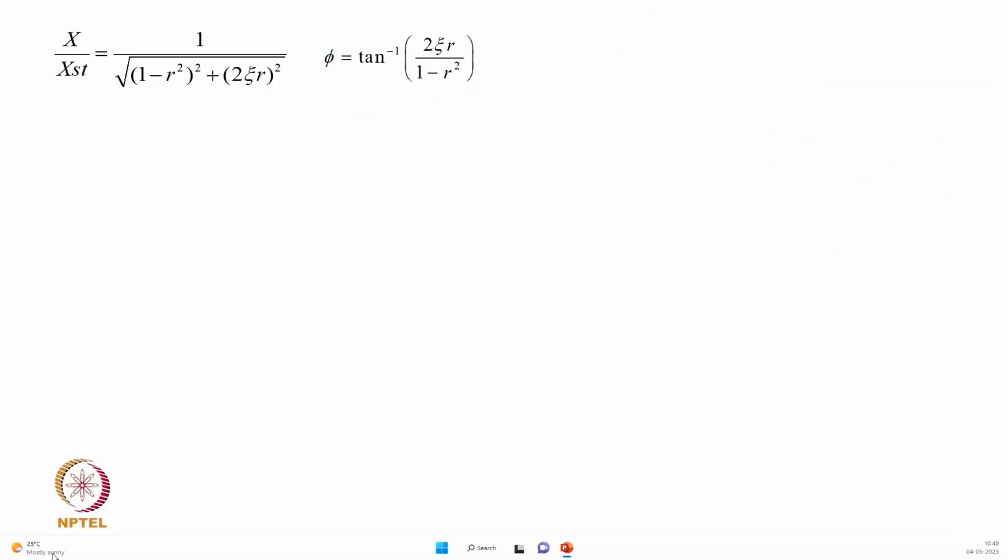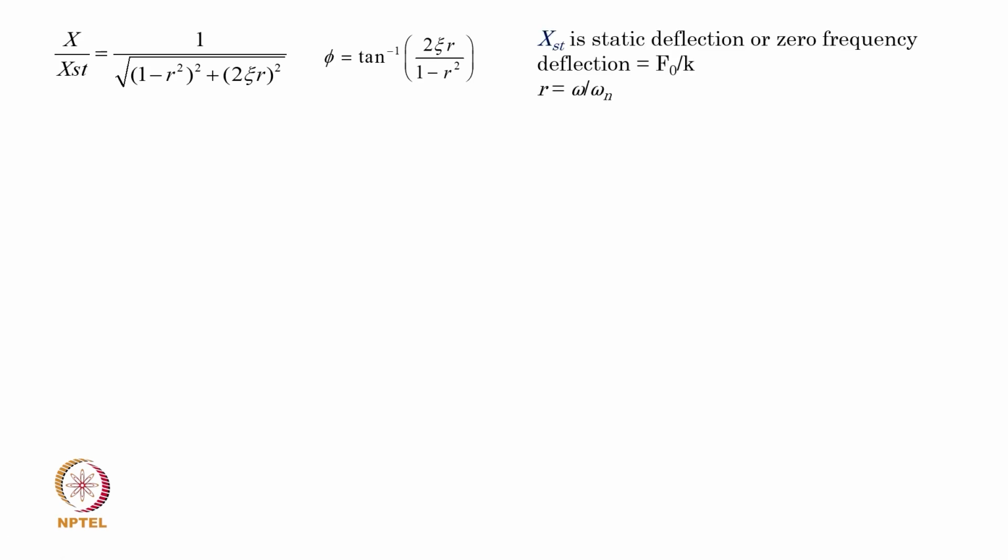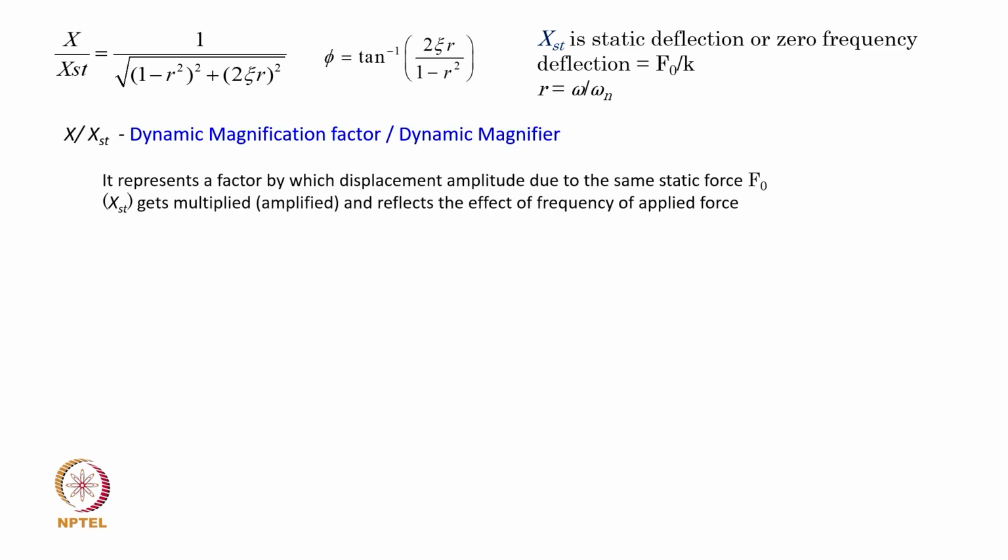Having obtained this ratio x over xst, that is the normalized response amplitude of the system capital X. The xst is the static deflection or zero frequency deflection, which, as we discussed, is f naught over k, and small r is the forcing frequency ratio, the ratio of the forcing frequency omega and the natural frequency of the vibratory system.